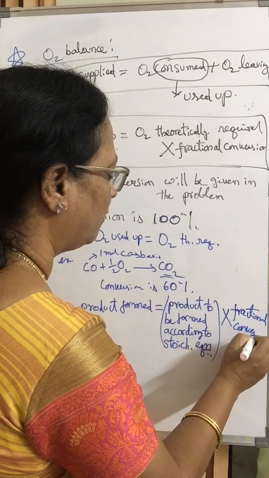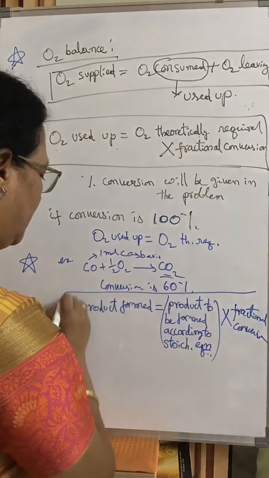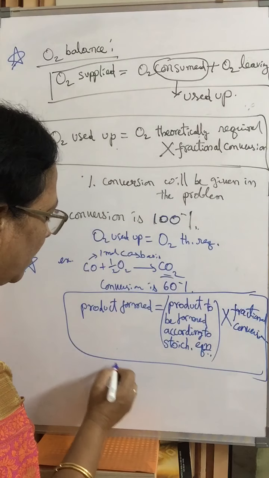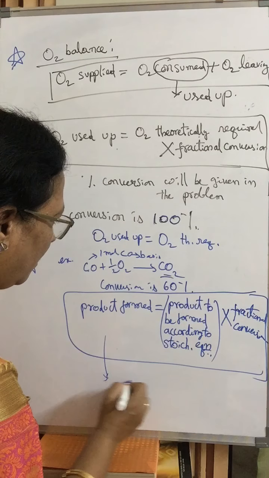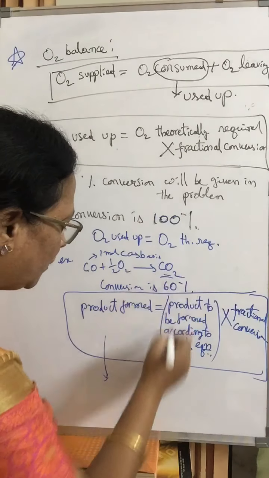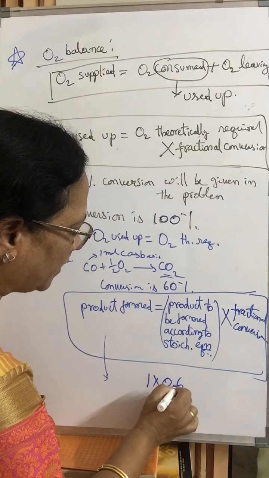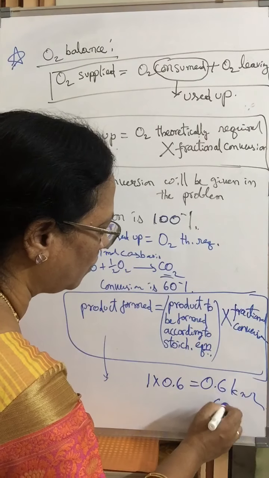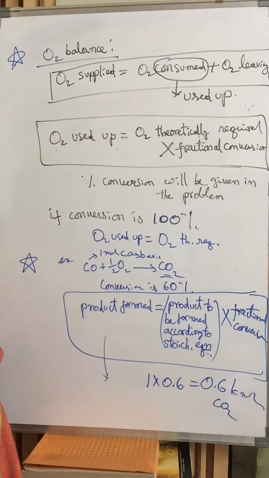So this is the equation. In this problem, product formed will become what? 1 mole has to be formed, but the fractional conversion is 0.6. So 0.6 kilomoles of CO2 only will be formed in this example.